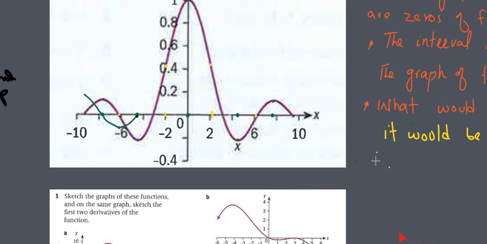Now at this point I will get again a point of inflection, but I have to keep in mind that from this point to this point the function is increasing, so the slope would be positive. I will get the point of inflection at this point, so the turning point for the derivative will be at this point. Clear? So I will get a curve like this.